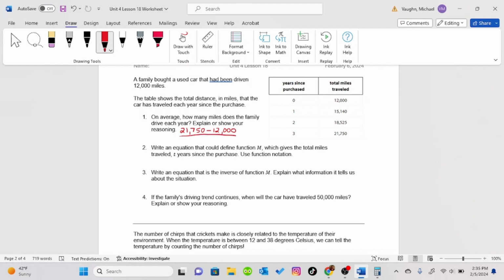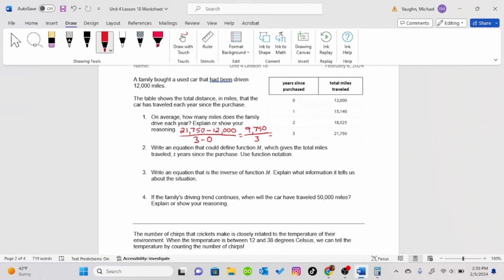We end 3 years after purchase, and we started 0 years. So 21,750 minus 12,000 would be 9,750 miles driven in 3 years.